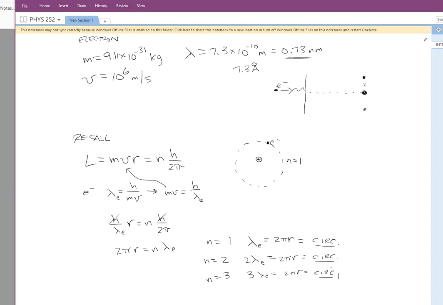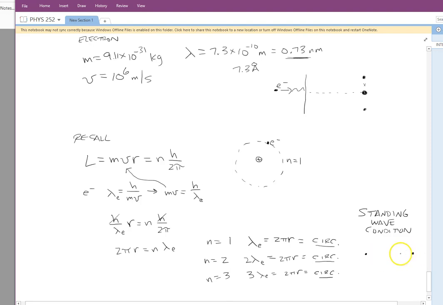This is analogous to what is known in physics as a standing wave condition. And this harkens back to waves on a string. You will get these resonances on a string.